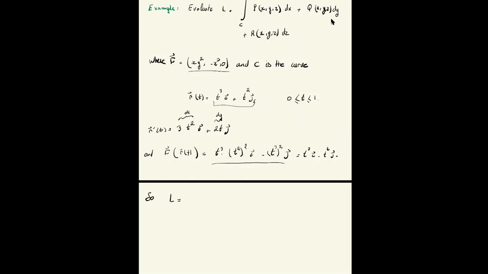So L will be the integral from 0 to 1 of t to the power 7 times 3t squared dt plus the integral from 0 to 1 of minus t to the power 6 times 2t dt.